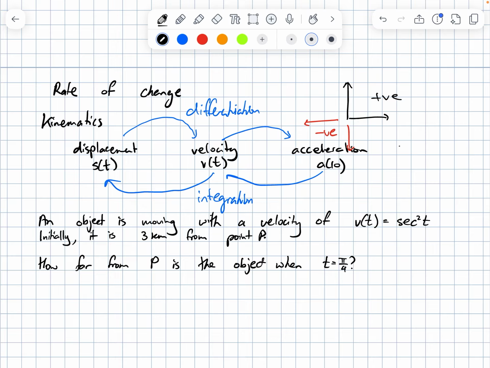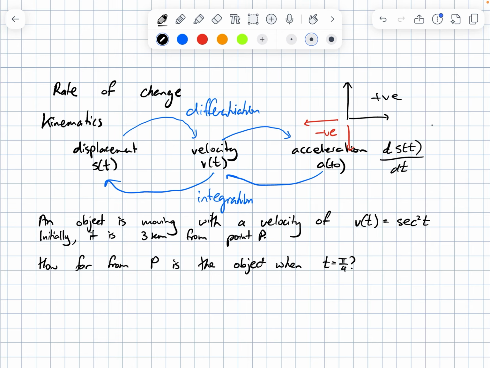The reason for that is that if we start at displacement, we have S of t, and if we were to differentiate that, we get the derivative of a distance per time.